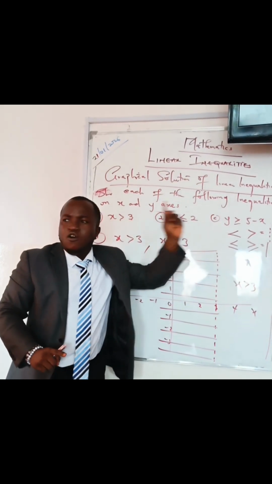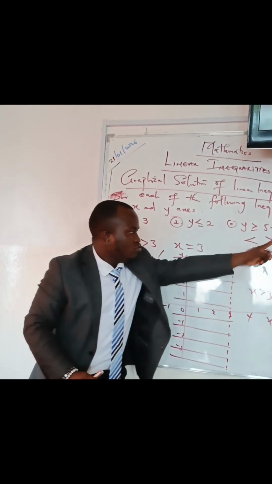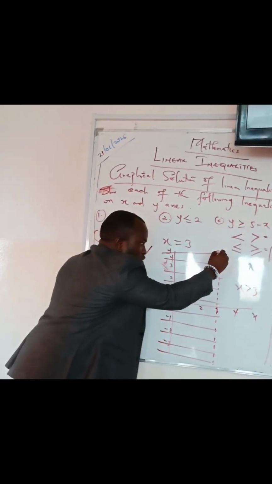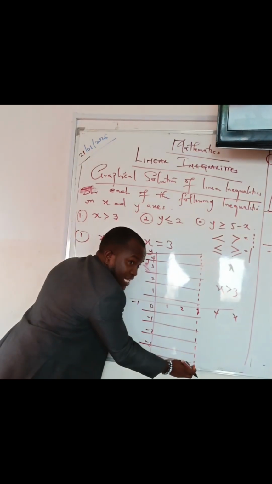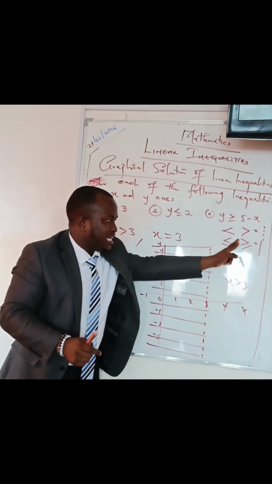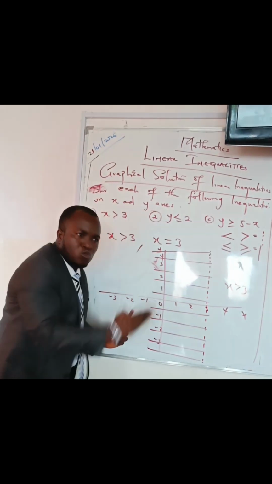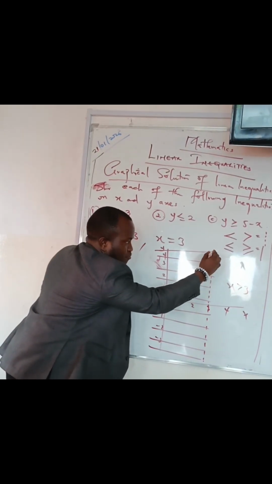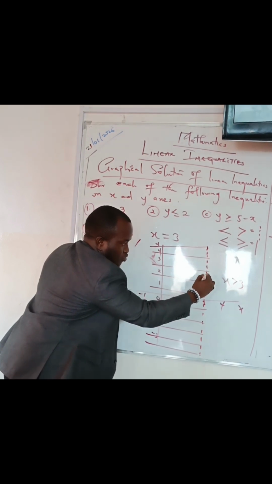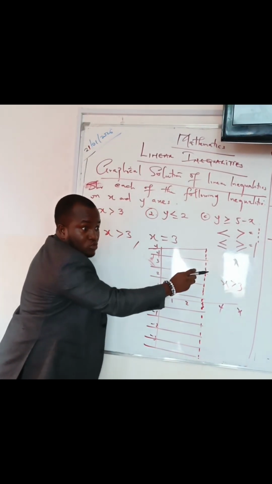If the sign is less than or greater than, your line over 3 is going to be a broken line. But when your sign is less than or equal to or greater than or equal to, your line over 3 is going to be a bold line. You can see we have a broken line here over 3, because we are plotting x equals 3.